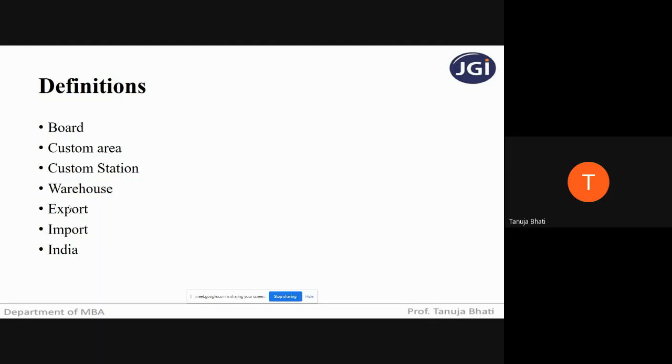If you are going from one country to another through ship, then the customs station will be the customs port. So a customs station can be a customs port, a customs airport, or an international courier terminal where the goods have to be moved from one country to another.